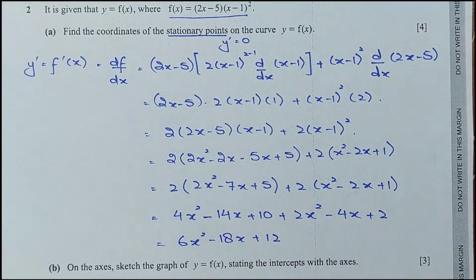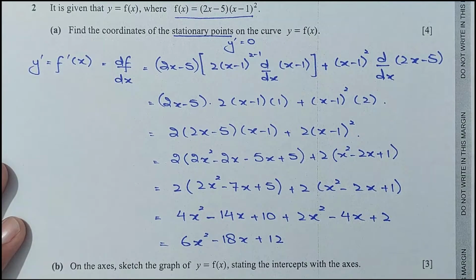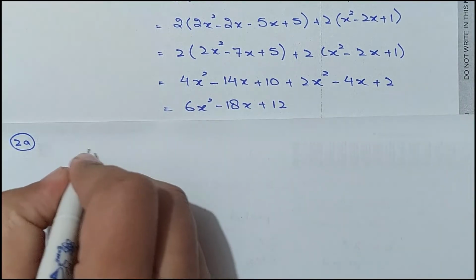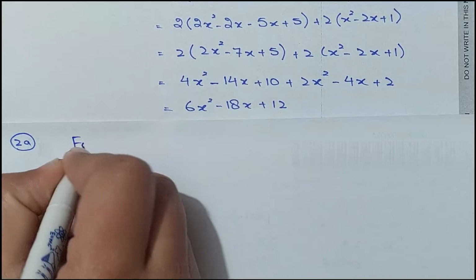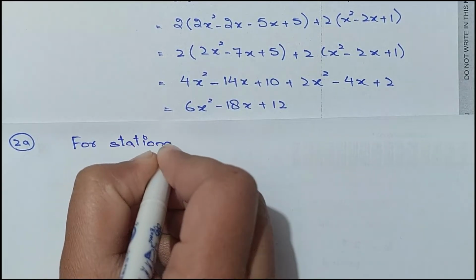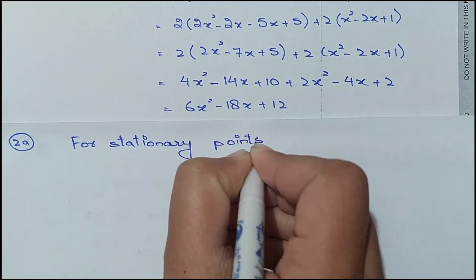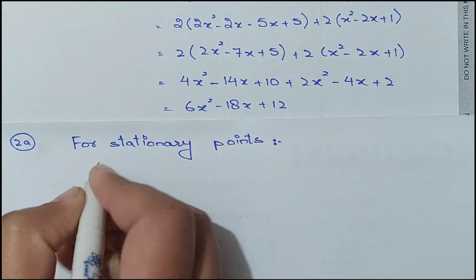Right, that is the first derivative. We have to put this equal to 0 and solve for x and y. Further steps I'm going to do over here. So for stationary points, we have to find the coordinates of the stationary points, the x and the y, both coordinates, right?